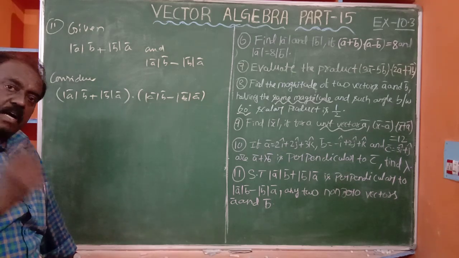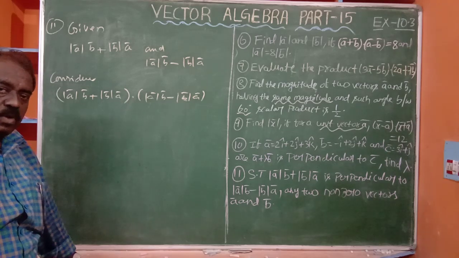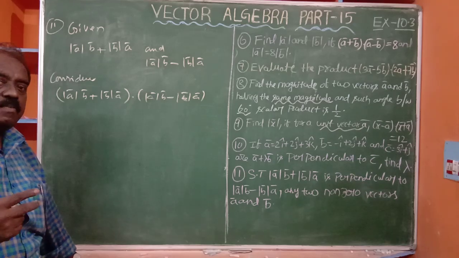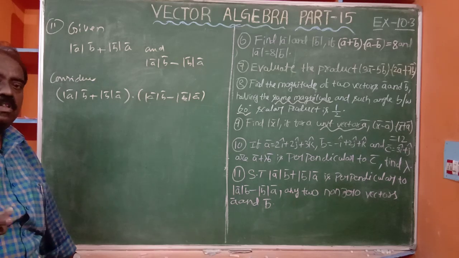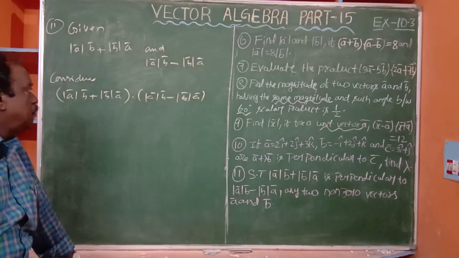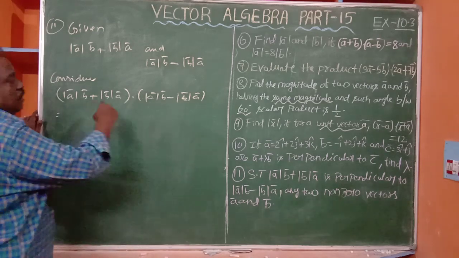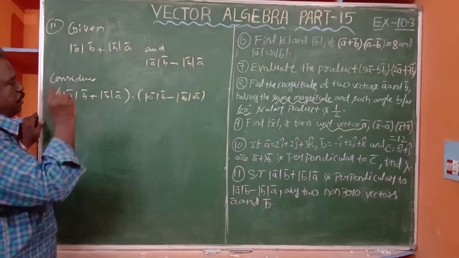By using the dot product, the scalar product. If theta is equal to 90 degrees, the vectors are mutually perpendicular, then the dot product is 0. This is one vector, that is another vector. We find the dot product; if it is 0, then they are perpendicular.